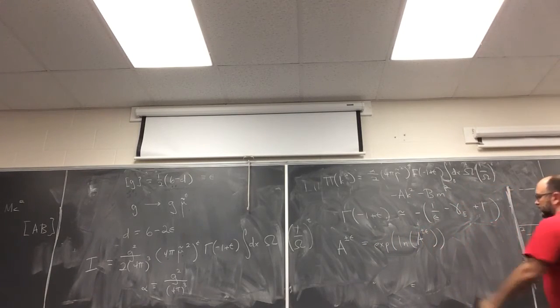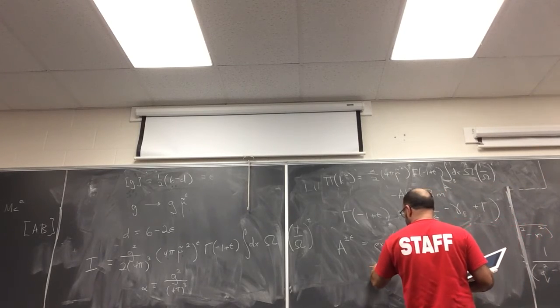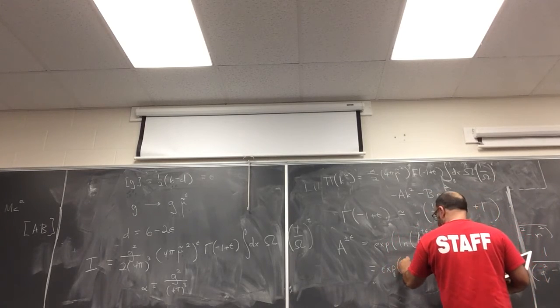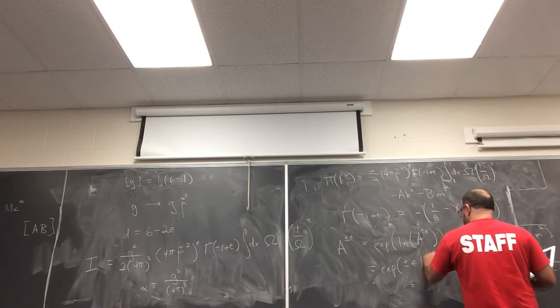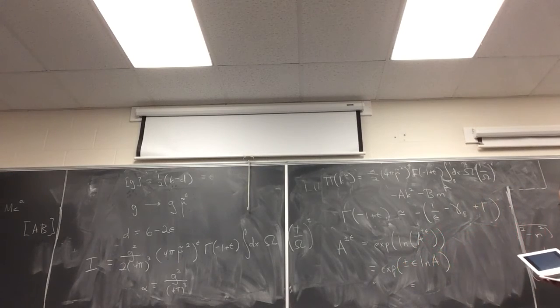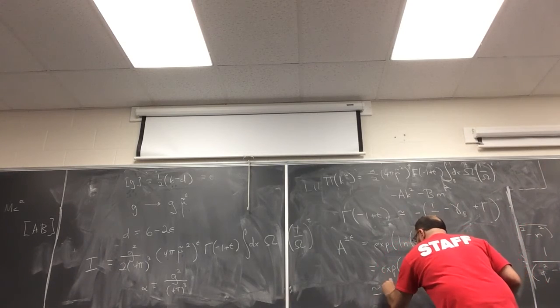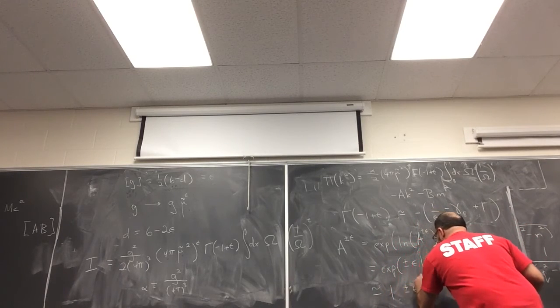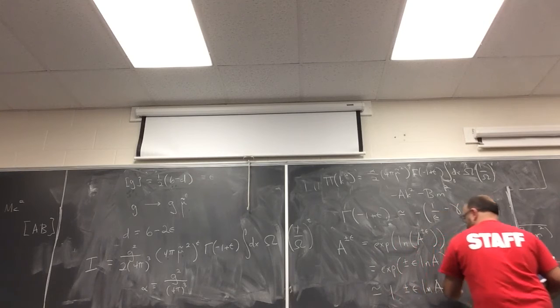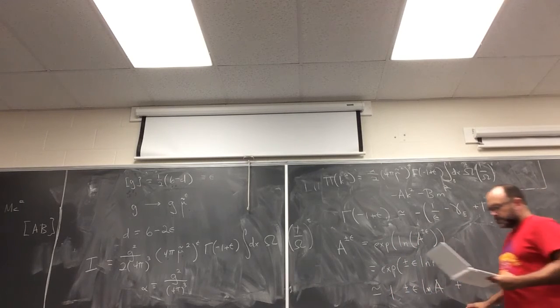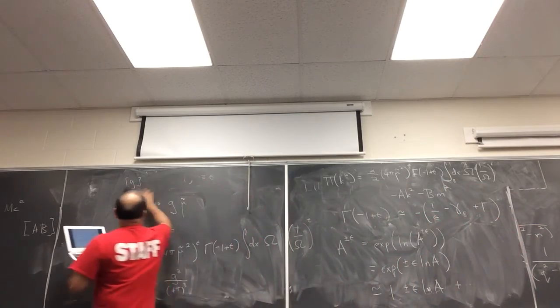And then the natural log lets me pull this out as a prefactor, plus or minus epsilon natural log of a. And then we can expand this as epsilon goes to 0, and it says 1 plus or minus epsilon natural log of a. So this is just the usual trick that we use in taking this limit. All right, so you're going to see some natural logs popping out of some stuff.